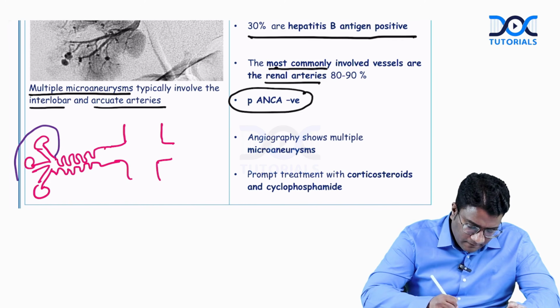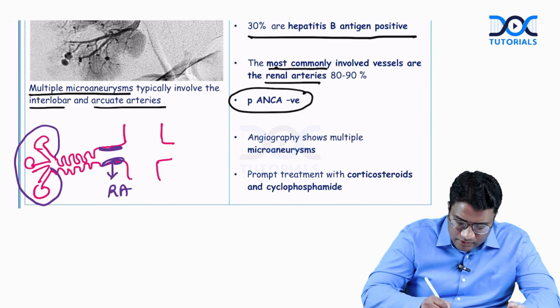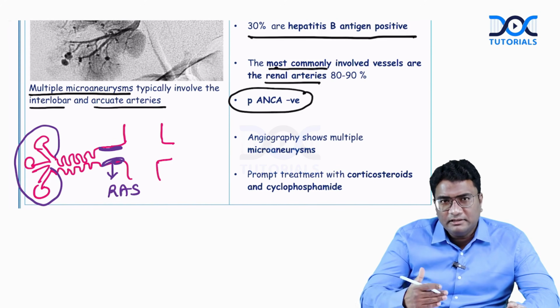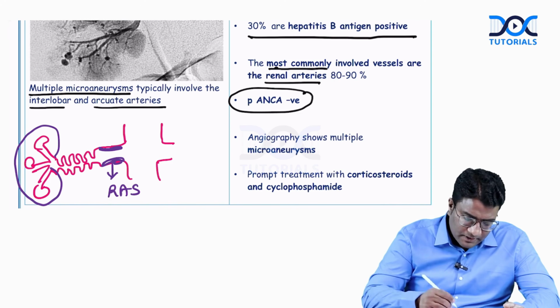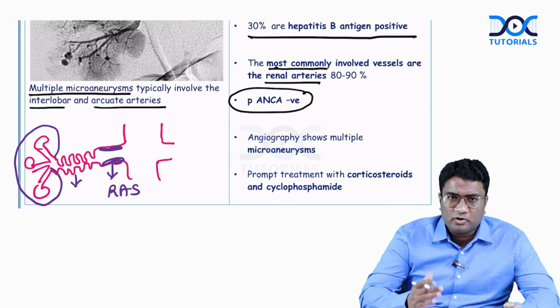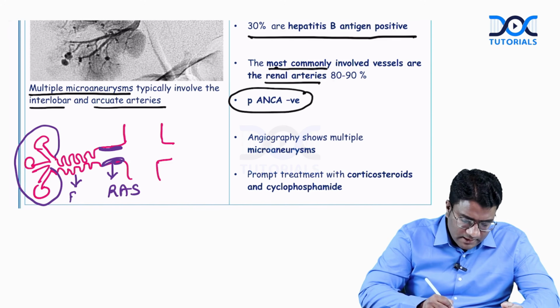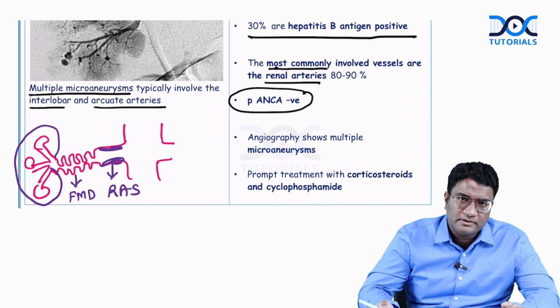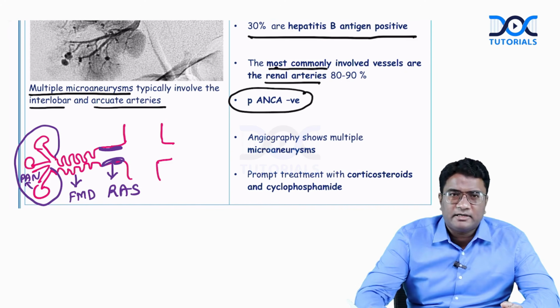So, if you see a narrowing at the proximal portion of the renal artery, this is renal artery stenosis at the branch point at the very beginning of the renal artery. You see this narrowing, this is renal artery stenosis. And if you see a beaded or tortuous appearance of the middle to distal part of the renal artery, this is fibromuscular dysplasia, the corkscrew appearance. Whereas within the intraparenchymal branches, if you see this microaneurysms, this is polyarteritis nodosa.